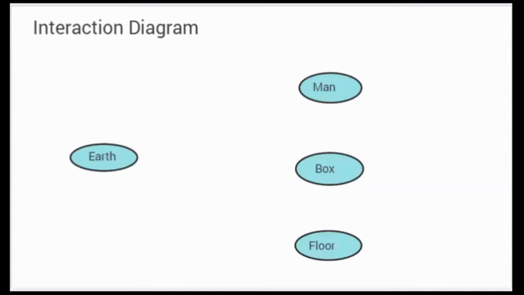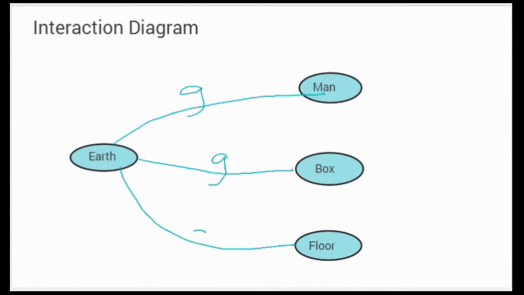An interaction diagram is simply a diagram which lists all the objects in your system and connects them with lines that represent the forces. For example, there is a force of gravity between the earth and the man, between the earth and the box, and between the earth and the floor.